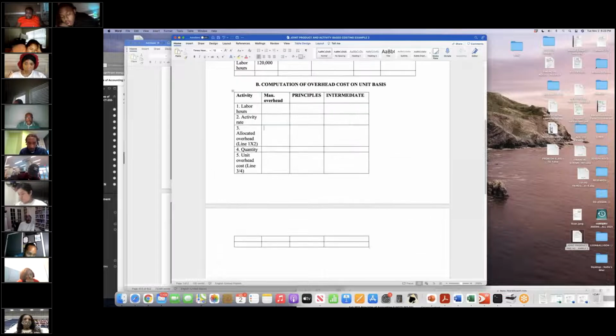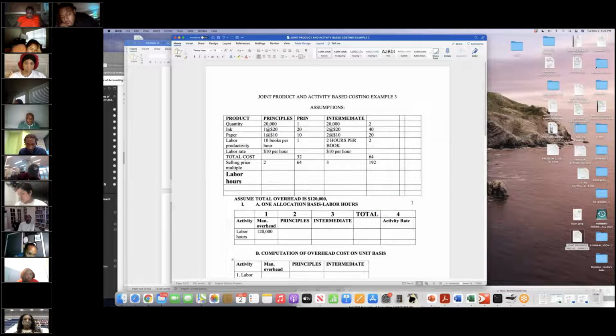So, the key thing that we're doing, we got 2 books. We got one overhead of 120,000. So what we're attempting to do is to find out what's going to be the selling price of the books. And we'll keep the selling price multiples at 2 and 3.